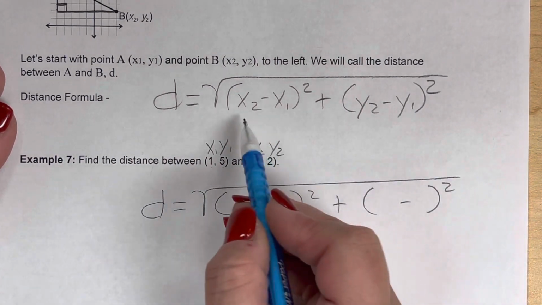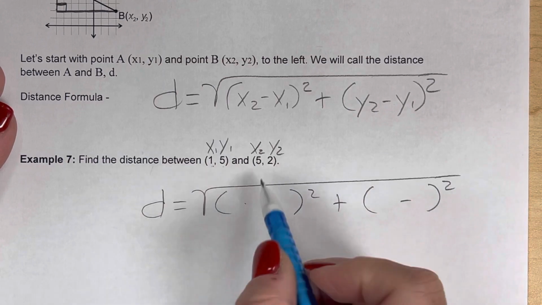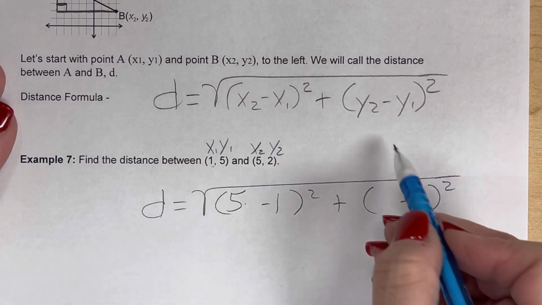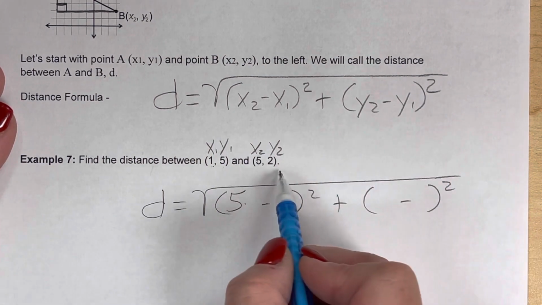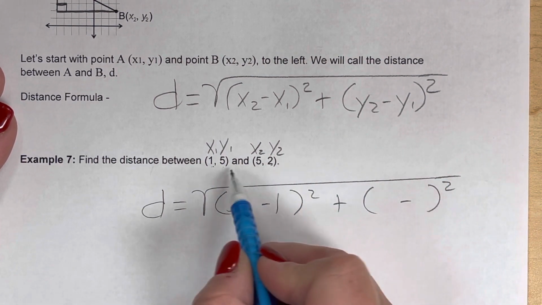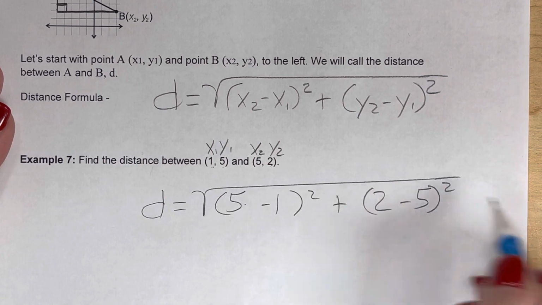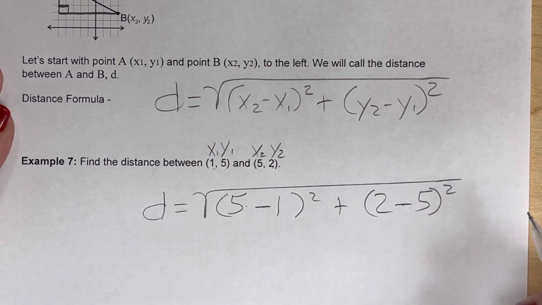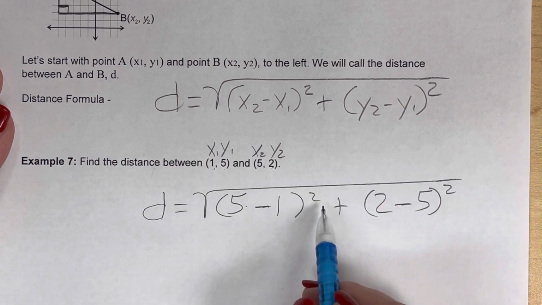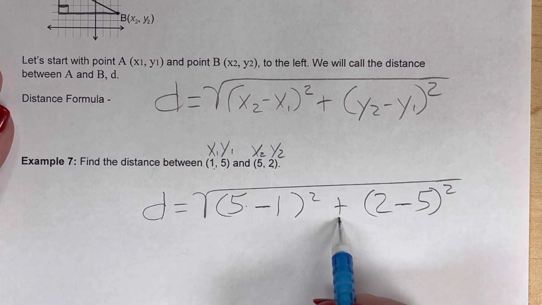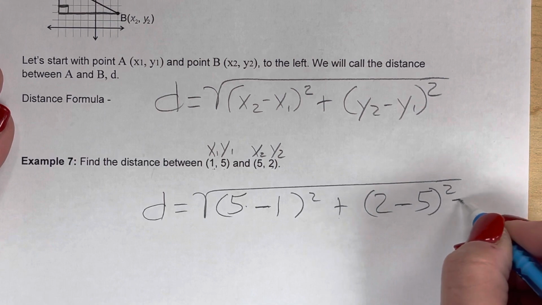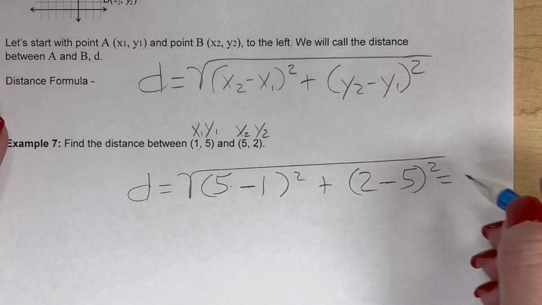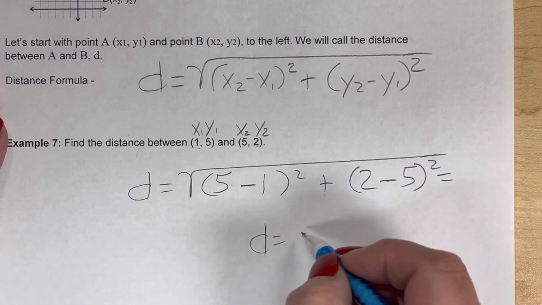I have x2 minus x1, so that would be 5 minus 1. And then plus y2 minus y1 would be 2 minus 5. See how easy that is when you already have it written out? Okay, so now plug it in. Be careful, don't forget the square, don't forget the plus, and enter that into the calculator. And when you do, you will get D equals 5.